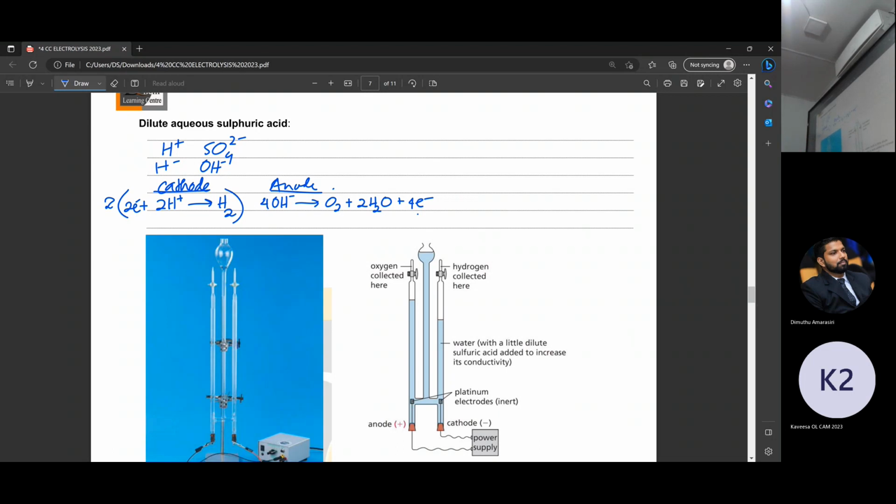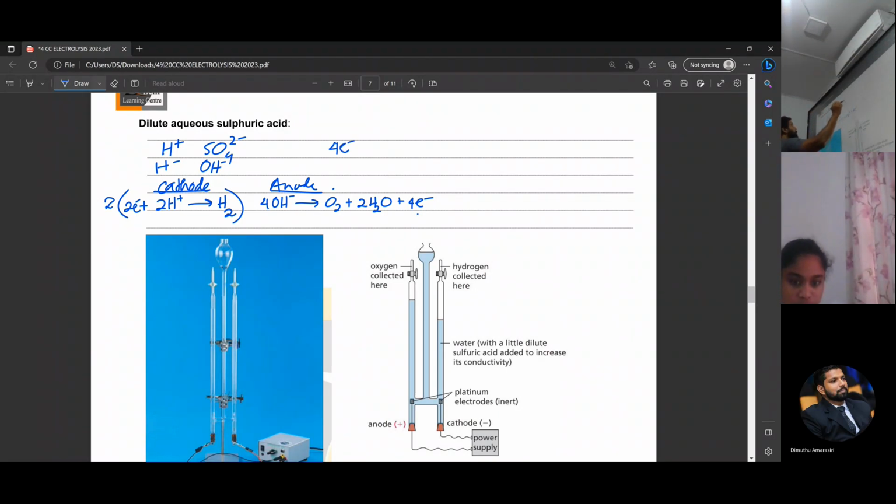Now I'm going to add these two equations. Look at the surprising thing that happens. You get 4 electrons plus 4H plus 4 hydroxide ions on this side.